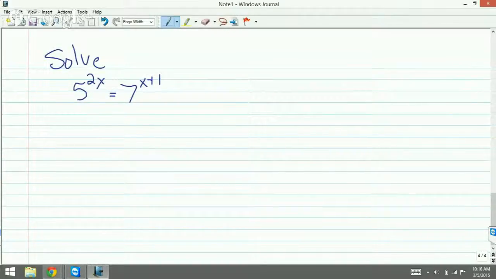Solve it using natural logs. Okay. Move the exponents down. Yep.